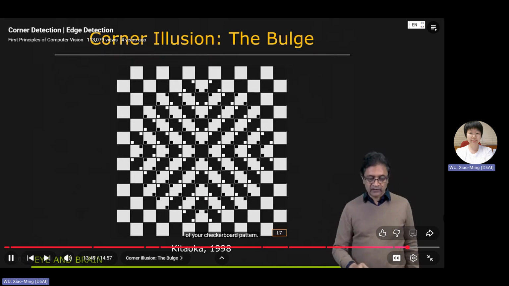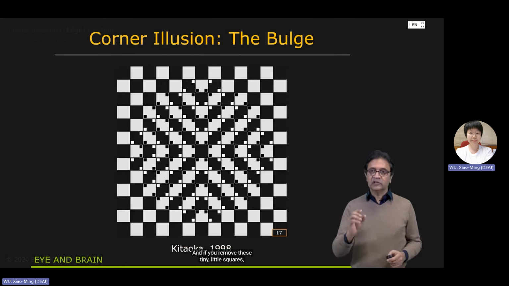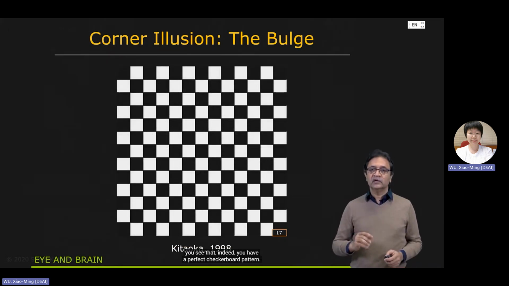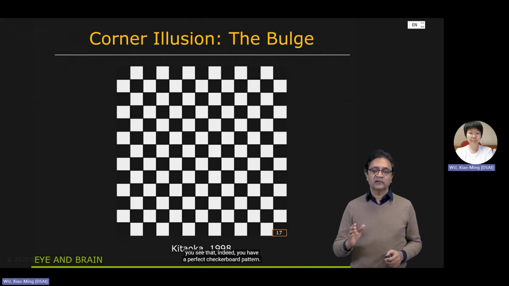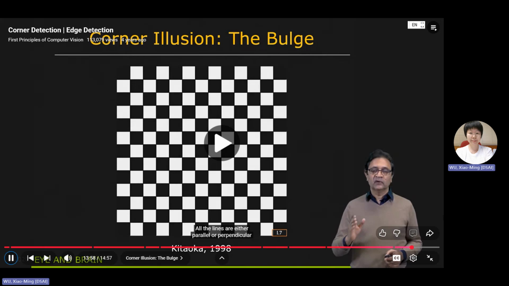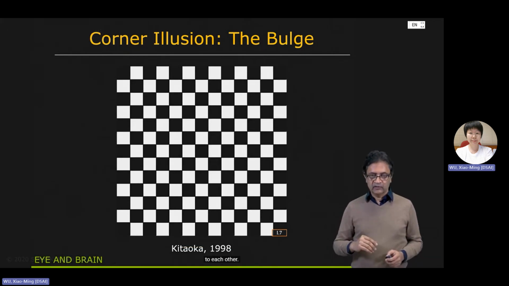Your checkerboard pattern. If you remove these tiny little squares, you see that indeed you have a perfect checkerboard pattern. So these little squares create some illusion. All the lines are either parallel or perpendicular to each other.